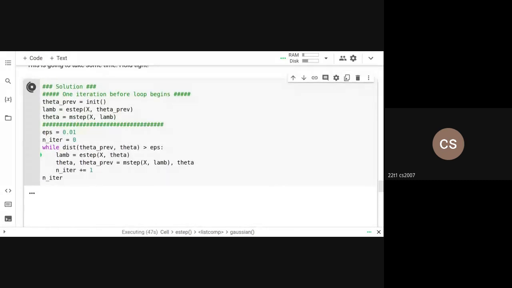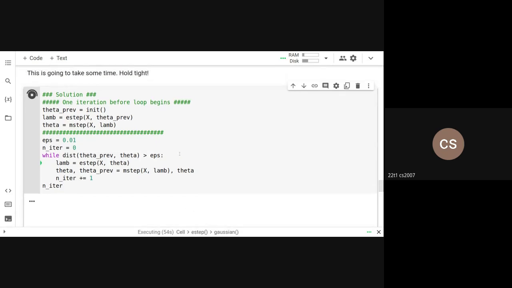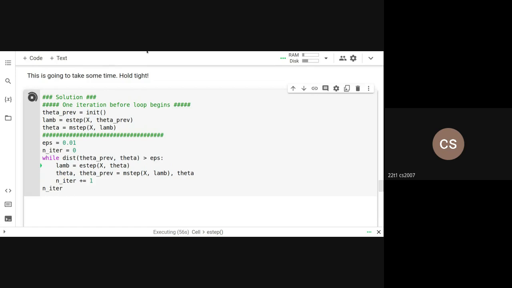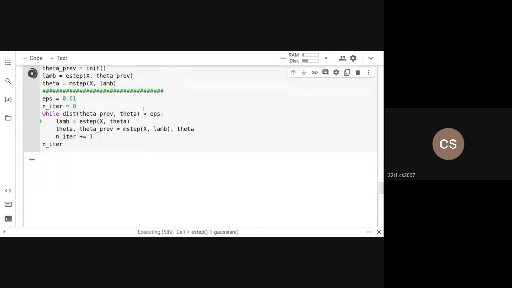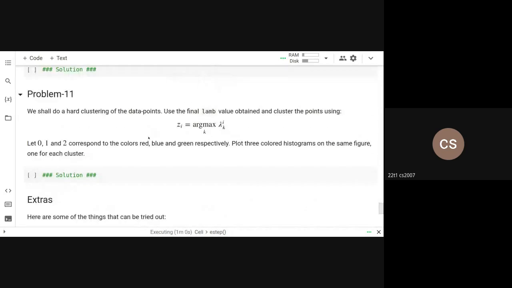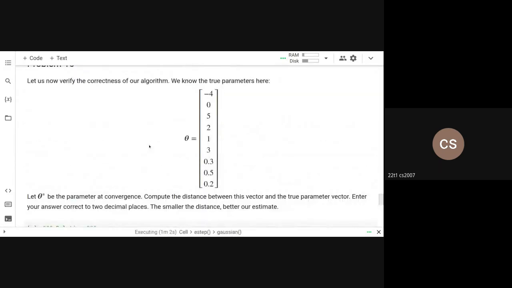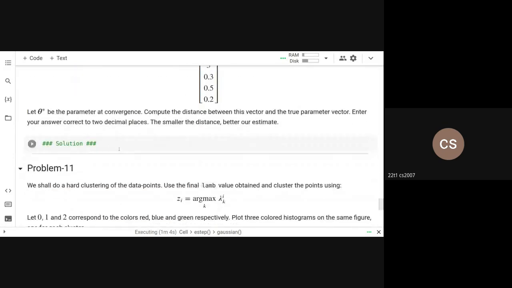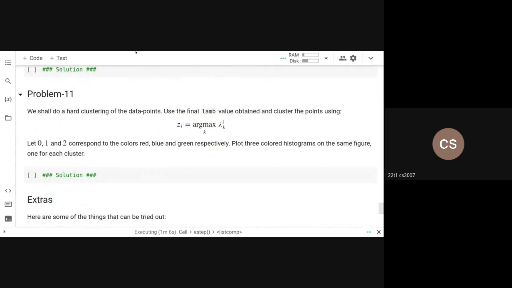We have to wait at least 1 more minute. While it's running, let's quickly look at the last problem here, which is hard clustering.